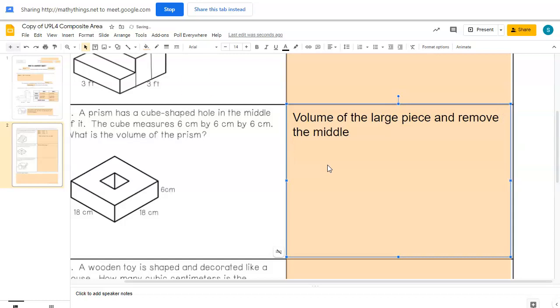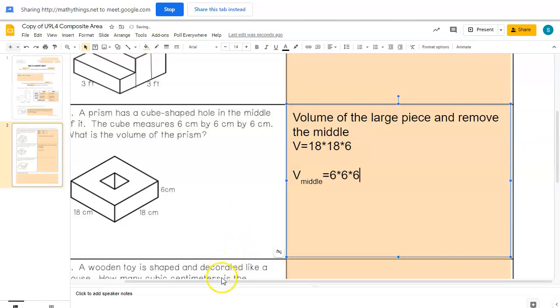Okay, so the large one is this big rectangular prism, and it's going to be 18 times 18 times 6. The middle is a cube, so that one is going to be 6 times 6 times 6.